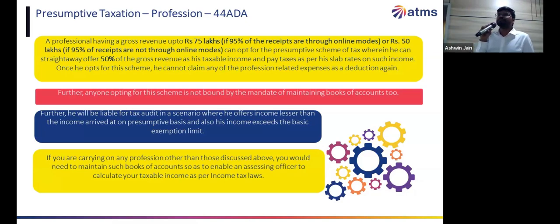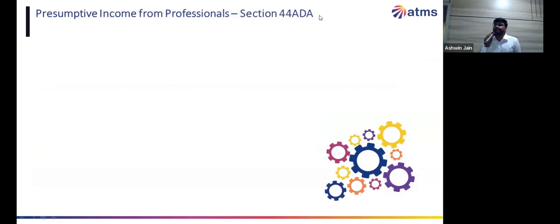So again, section 44ADA is for the professional having a gross receipt up to 75 lakhs. So a professional having a gross revenue of up to 75 lakh rupees. Again, there is a change in this threshold from 50 to 75 in Finance Act 2023.